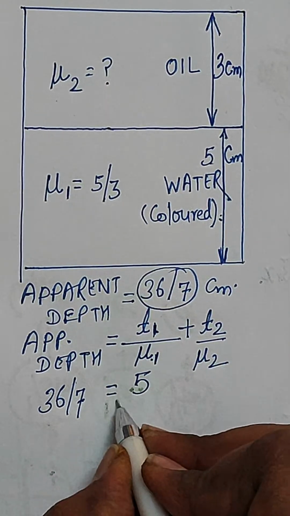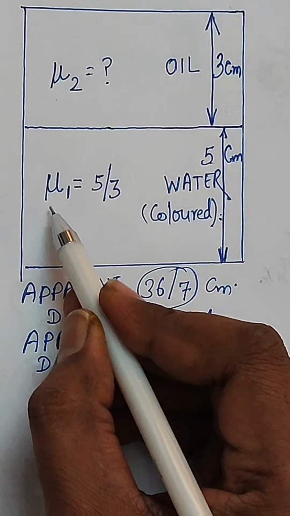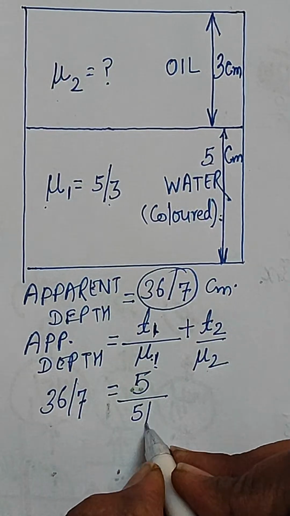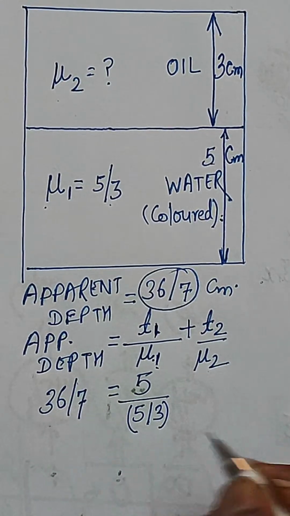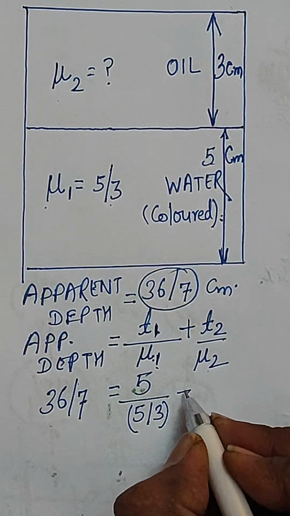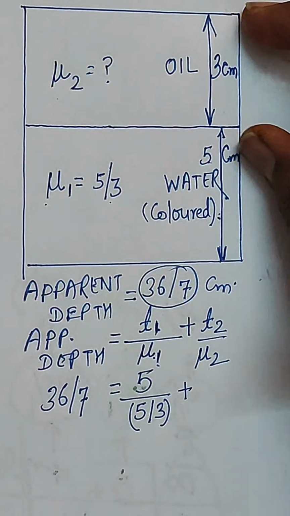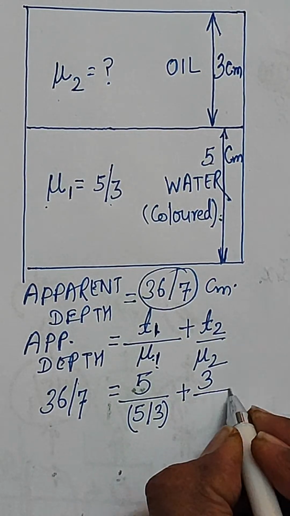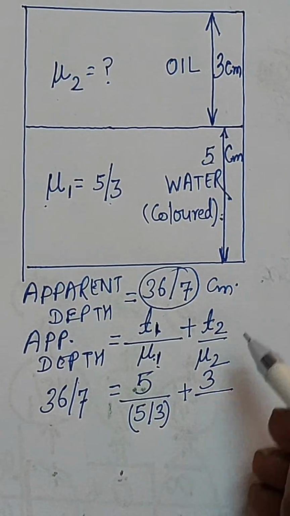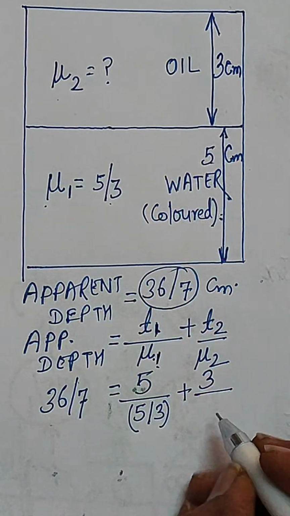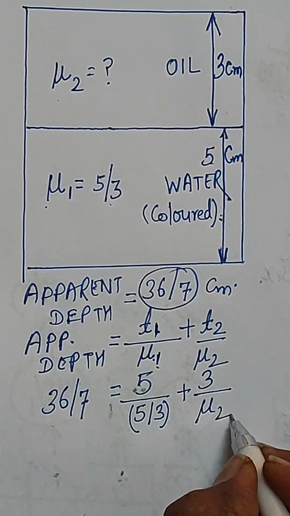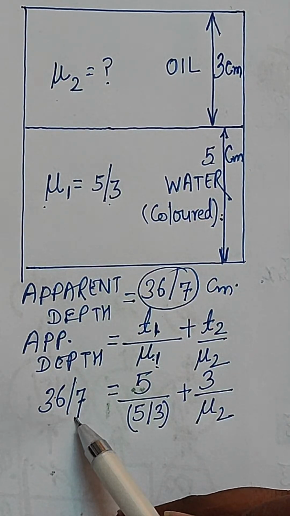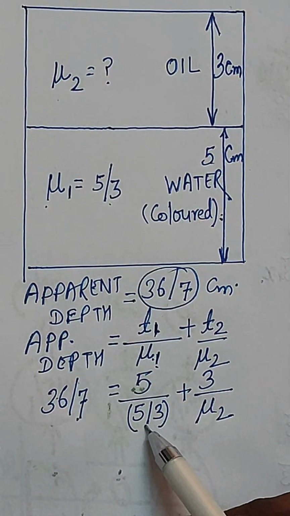So just 5 divided by mu 1. Mu 1 is given to you as 5 by 3, so put this value 5 by 3 over here. Plus T2. T2 is the thickness of the oil layer, that is 3 centimeter, divided by the refractive index of that oil. So we get the relation 36 by 7, the apparent depth, equal to 5 divided by 5 by 3.